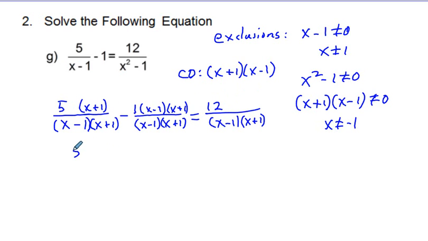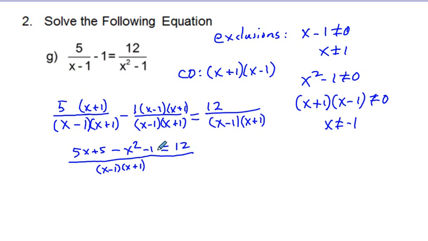So we're going to have 5x plus 5 minus x squared, so we have minus x plus x, and so we're going to have x squared minus 1, and that's going to be equal to 12, and all these are going to be over this common denominator of 20x minus 1, x plus 1.